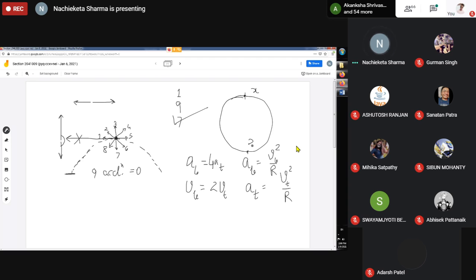That's why the acceleration will be directly proportional to 4x square here, and here it will be directly proportional to x square. The acceleration is directly proportional to the square of the velocity. That's why if the acceleration has increased by 4 times, the velocity must have increased by 2 times.